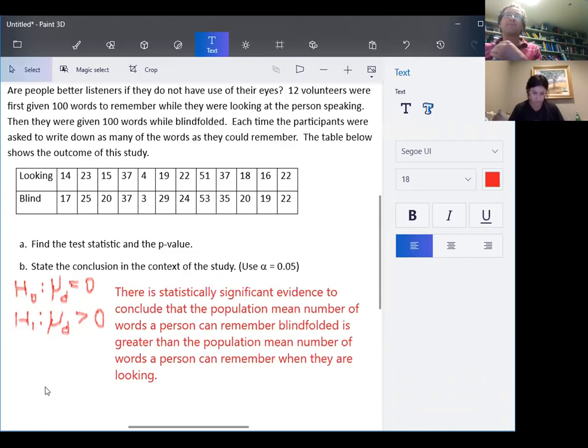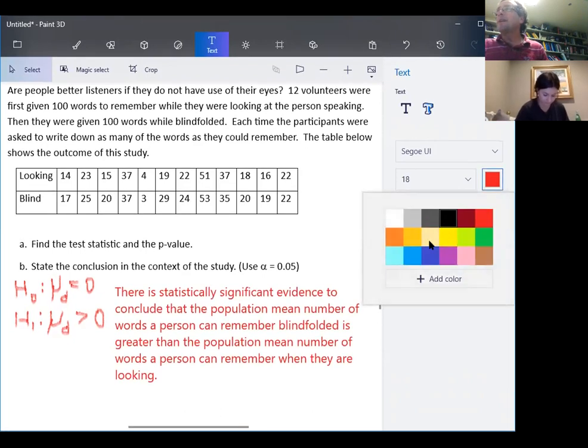for this chapter. We had proportions, we had independent means, and we have paired differences. Any questions so far? All right, while I'm still on the screen, because it's the time I have, I'll give you the secret word.